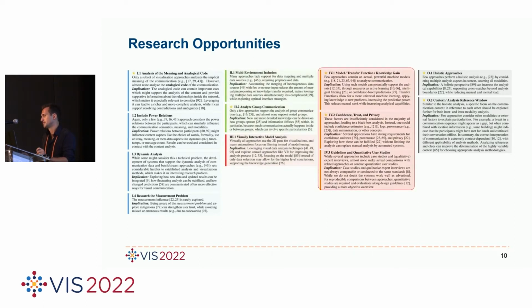This also applies for knowledge generation and the model learning in general. Further, as we said before, trust and privacy implications, which are enormous in this kind of research, are really not that much explored, and there are no real guidelines on system development or quantitative user studies in this regard. Overall, holistic approaches are missing, and the combination of different contexts in the analysis is also not really well supported.